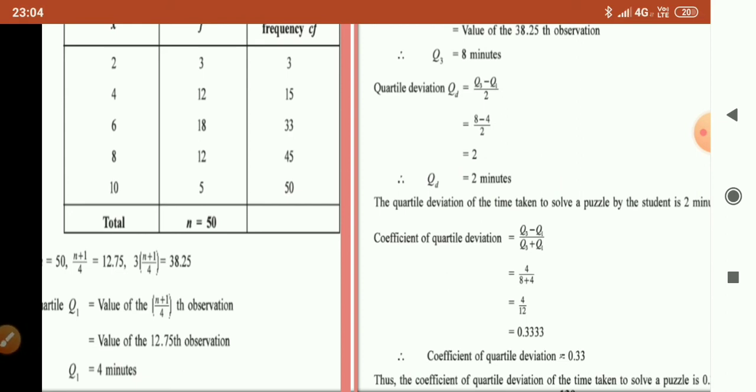In this way, we have learned the measures of dispersion, that is range and quartile deviation. Now we will study other measures of dispersion in my next video, that is mean deviation and standard deviation.